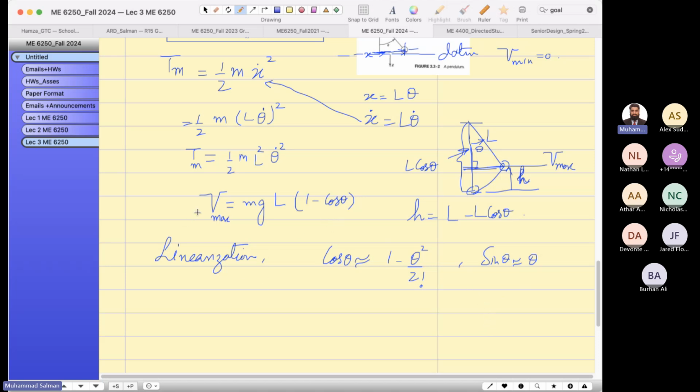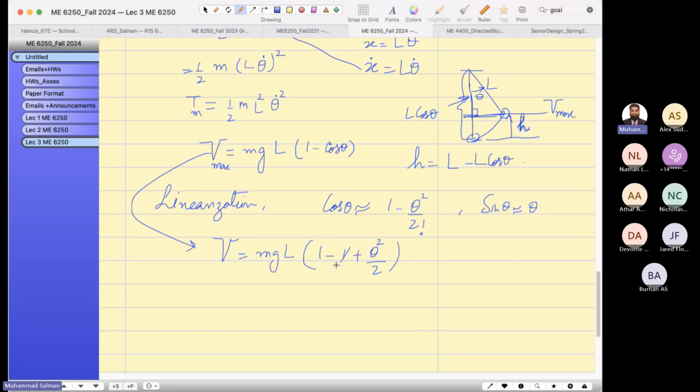So I'm going to replace this by the linearized model of cosine. I want to eliminate cosine and just write theta. So over here I can write 1 minus 1 plus theta squared over 2. You got my point? The 1 is cancelled by this 1. So this is my V max.